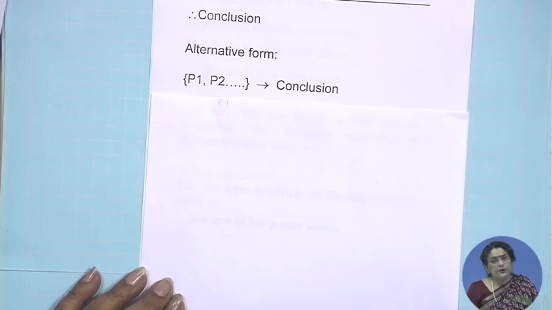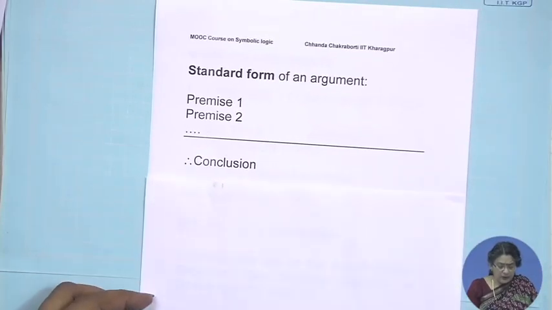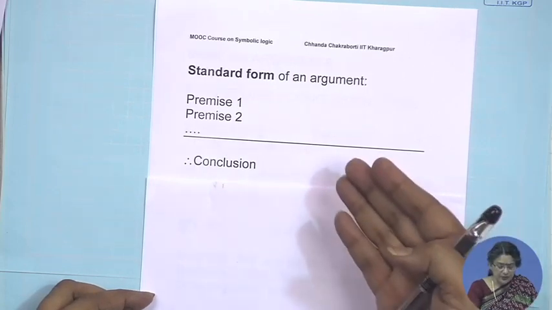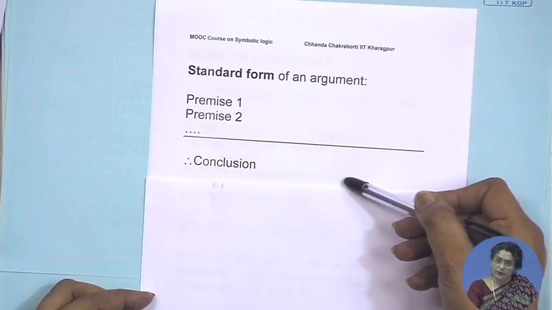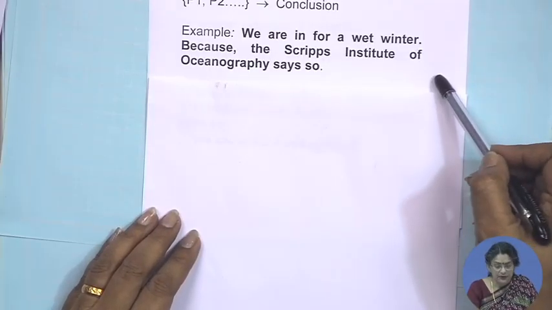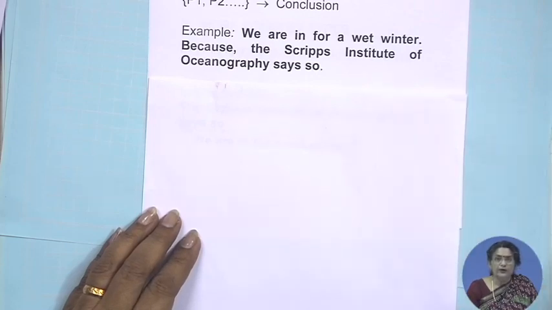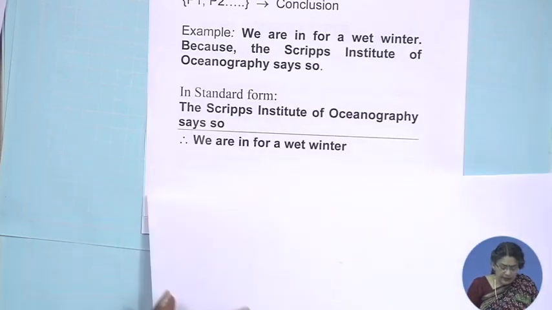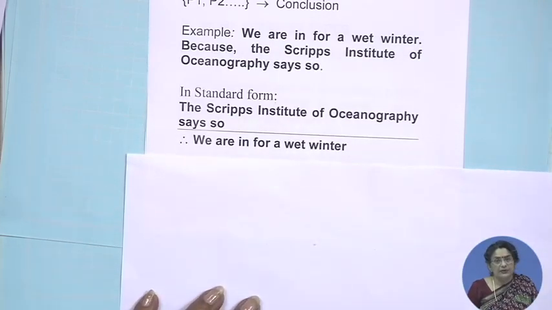So, either of these forms is okay, but because you are beginners, I suggest that you follow the standard form. So, if you are trying to convert an argument into standard form, this is the form that you need to make it into. Now, you have this once more, this was our argument that we just saw. If you want to convert it into standard form, it is going to look like this, as simple as that.